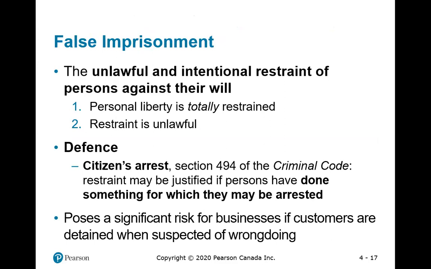So if I lock the doors now, and I say no one leaves, and you don't want to stay here, it may be false imprisonment. When does this happen? Can you think of a situation where people were stopped from leaving, from moving?